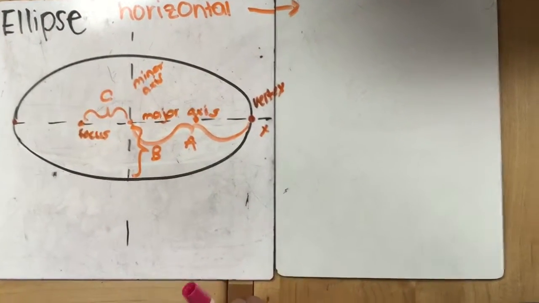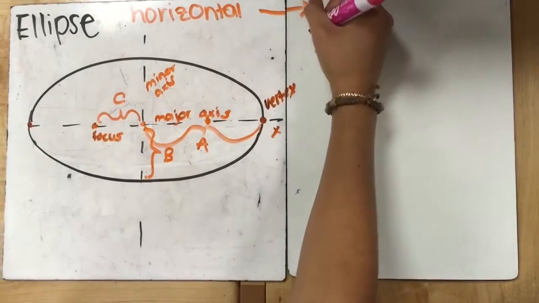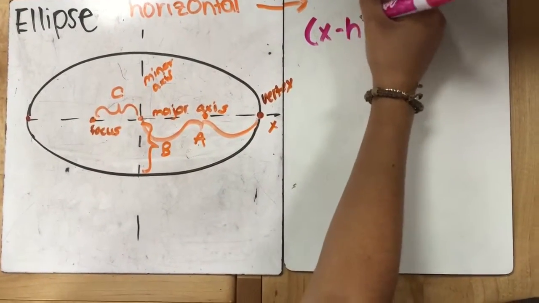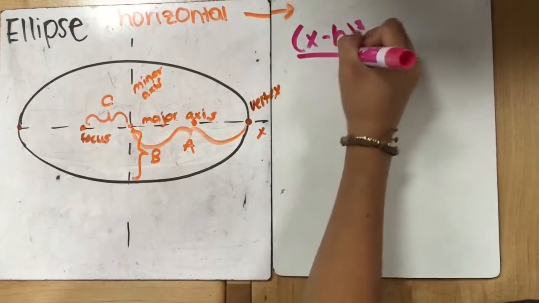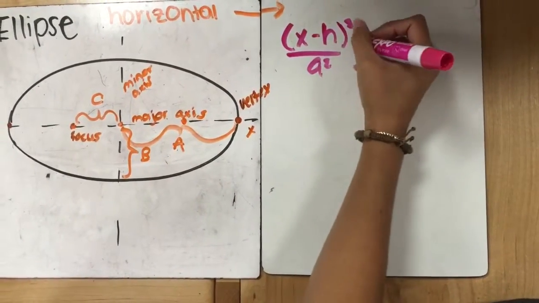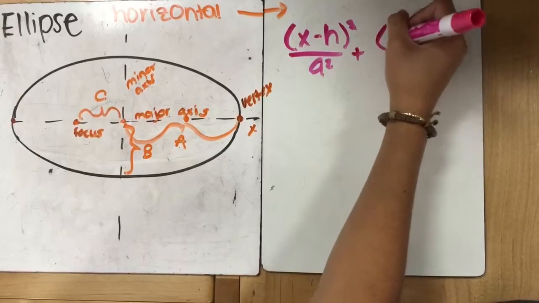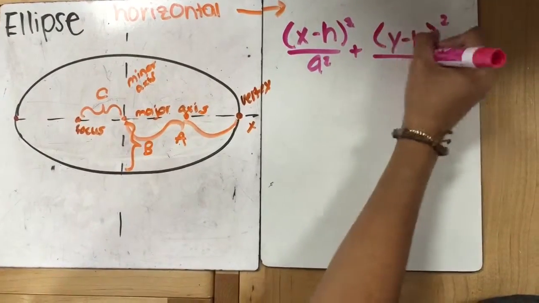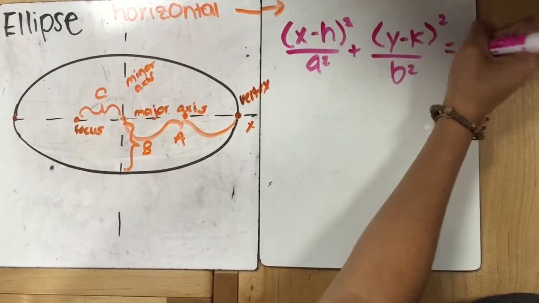So the equation for a horizontal ellipse is going to be x minus h squared over a squared plus y minus k squared over b squared is equal to 1.